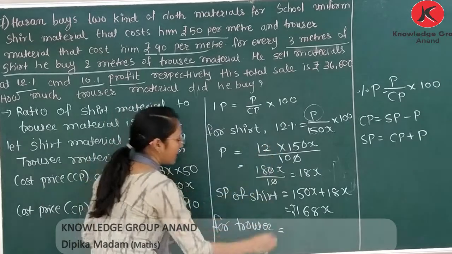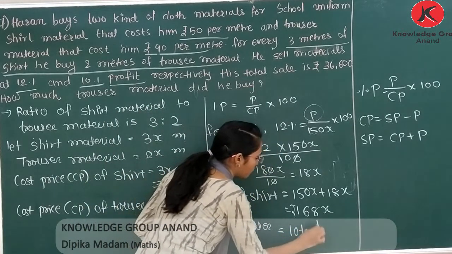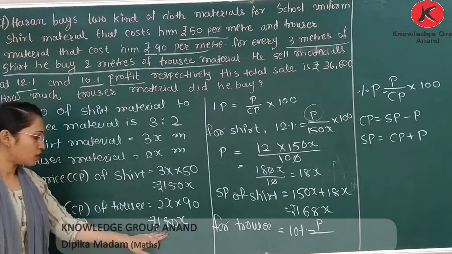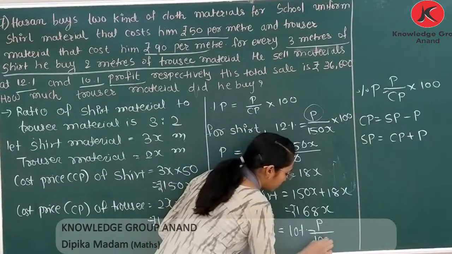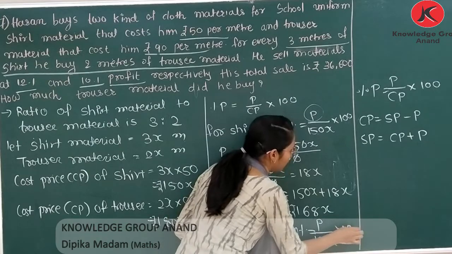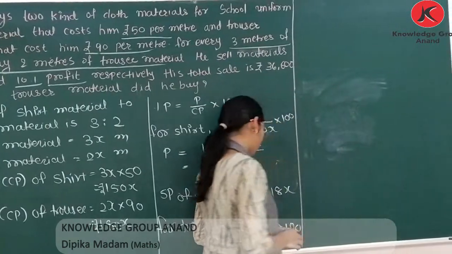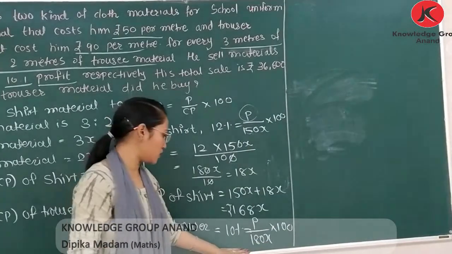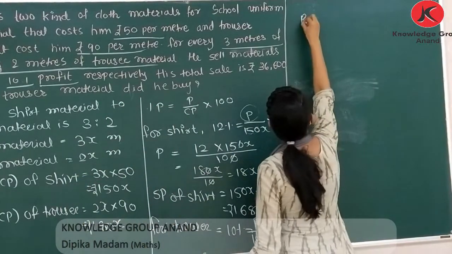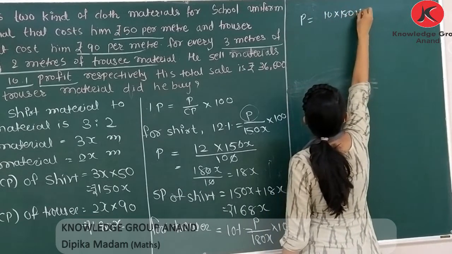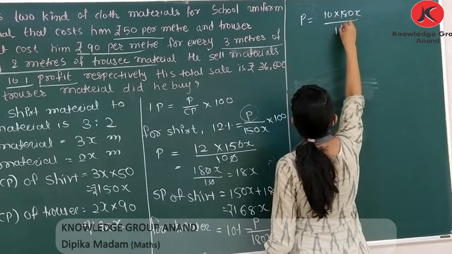For trouser, 10% is equal to profit divided by the cost price of trouser, 180x, multiplied by 100. Now we need to solve this equation. So profit is equal to 10 into 180x divided by 100.